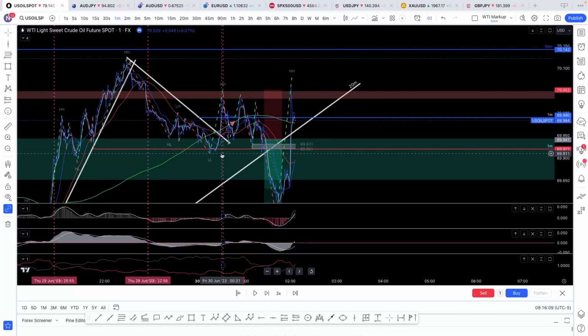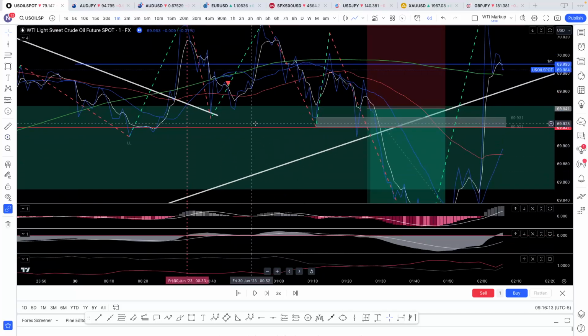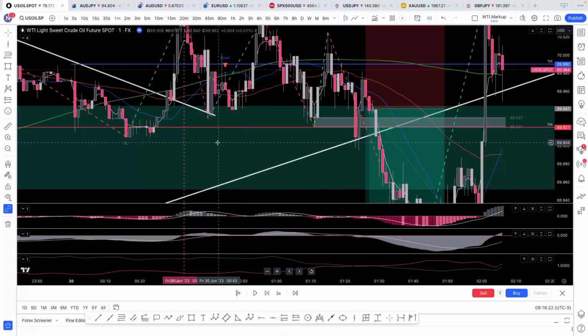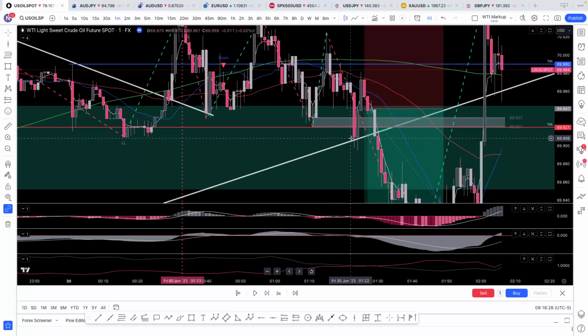When I entered, there still wasn't a lower low made yet. So I entered here, and that low is pretty close. Yeah, the bodies are right there. Only difference is the wicks for these two candles.